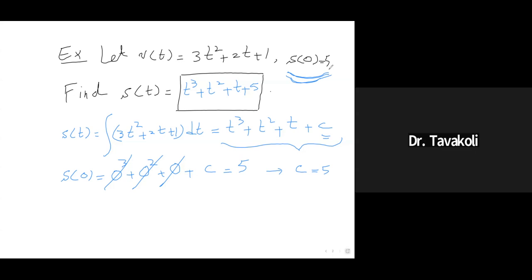Let's see another example. Suppose acceleration is given. Let a of t be 12t. Also, we know that at time 0, the velocity is 5, and at time 0, the position is 10.